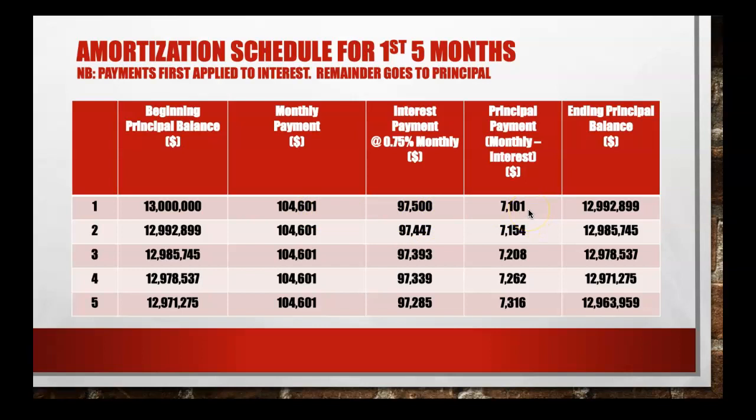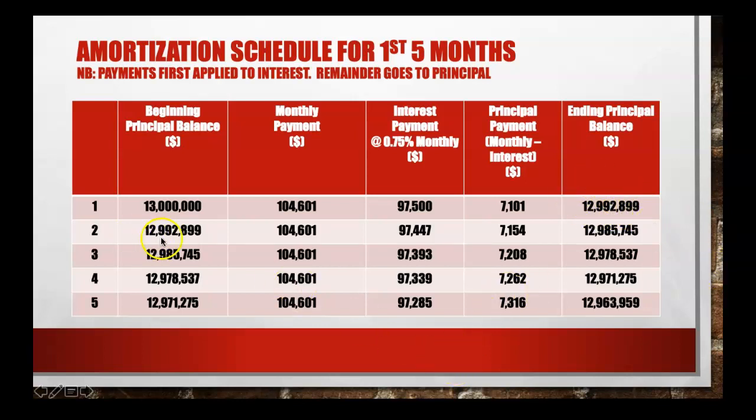Now, since this is the amount going to principal, it means principal balance will be reduced by that amount. So for the ending principal balance, we simply say beginning balance of 13 million minus the principal payment, which is 7,101, and it gives us an ending balance of 12,992,899. So month 1 ends with a balance of 12.99 million.